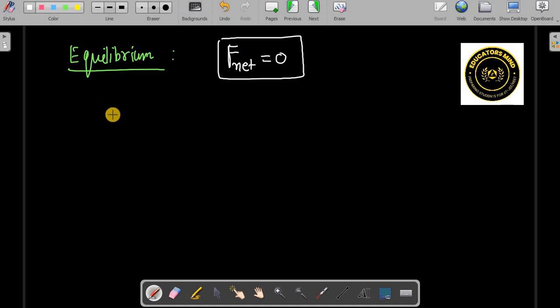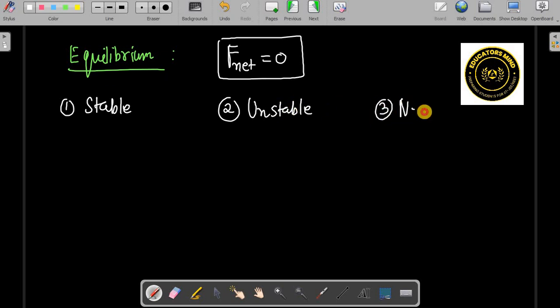What are the different types of equilibrium? One is stable equilibrium, the second is unstable equilibrium, and the third is neutral equilibrium. There are three types of equilibrium, and we should know what stable, unstable and neutral are.